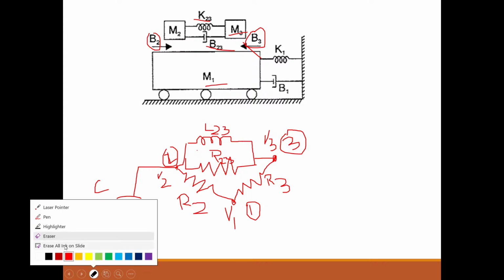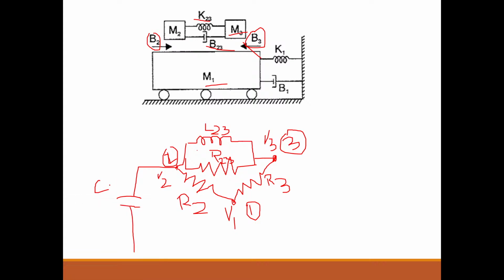It is C2. Next, at node M3, there is no other element. M3 means C3. So draw a capacitor at node 3, C3.